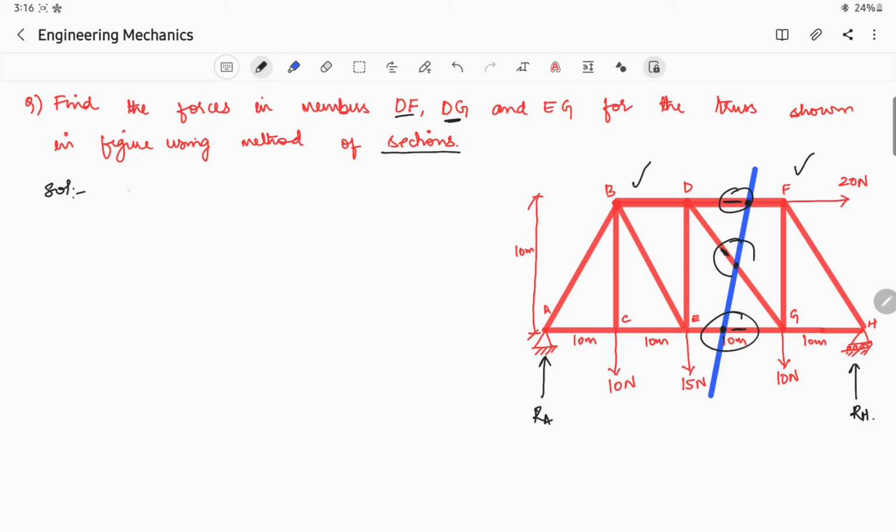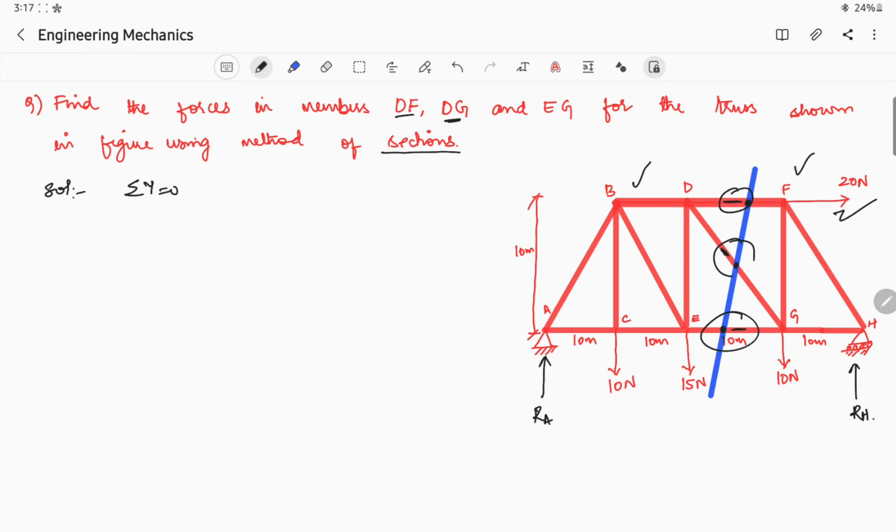Solution. Sigma x is equal to 0. We don't have any horizontal reactions, so directly we can go for sigma y is equal to 0.